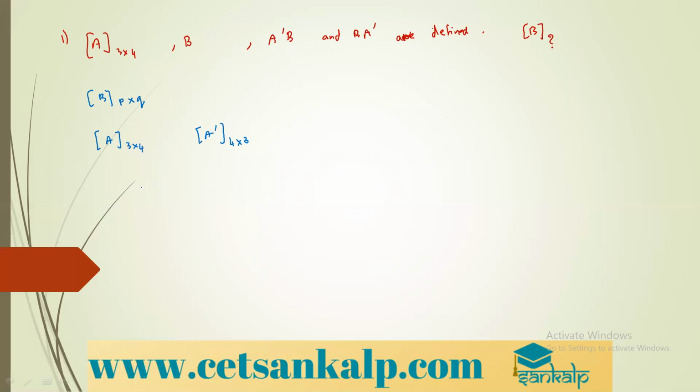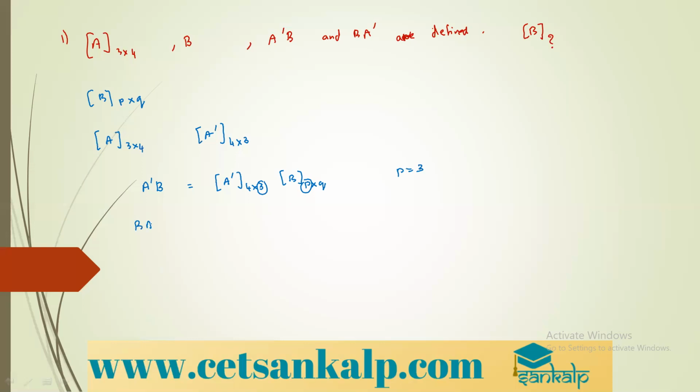Now, because A dash B is defined, that means I can multiply A dash, 4 by 3, and B, P by Q. That means P must be equal to 3.